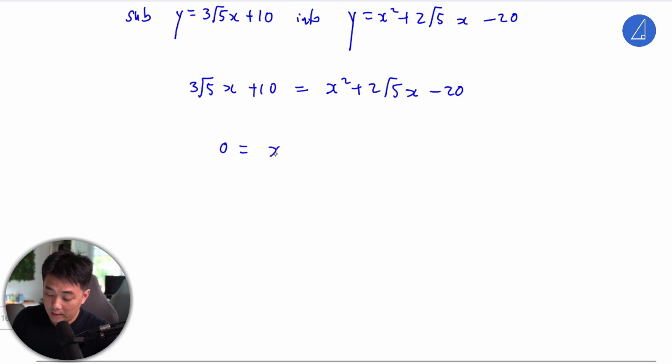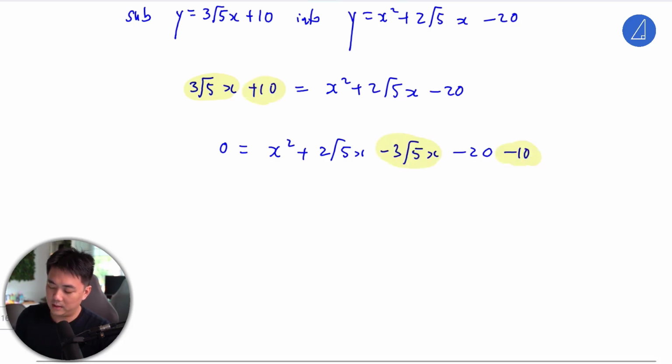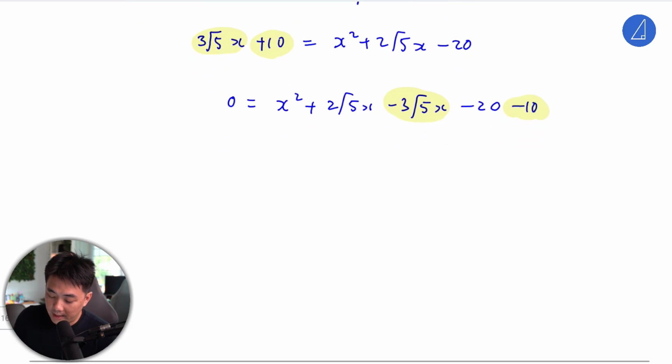So what I'm going to do is x squared plus 2 root 5x minus 3 root 5x minus 20 minus 10. Okay, so this is bringing from the other side. This is minus 10 as well. In this case here, remember surds, same thing. Don't get too worried about it. See this as an entity. They are the same entity here, root 5x and root 5x.